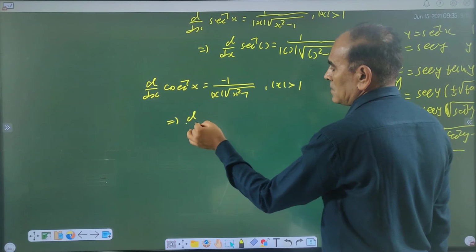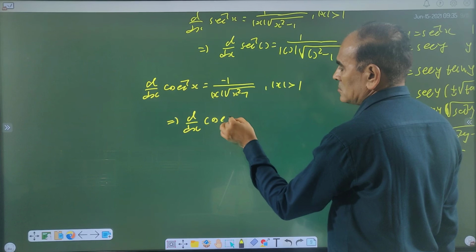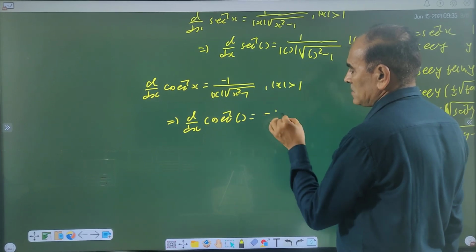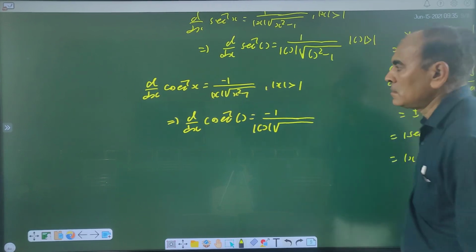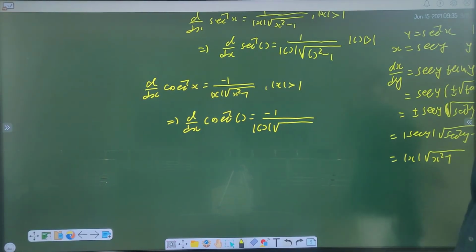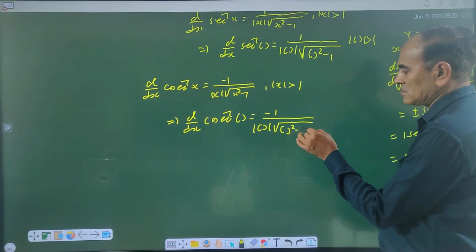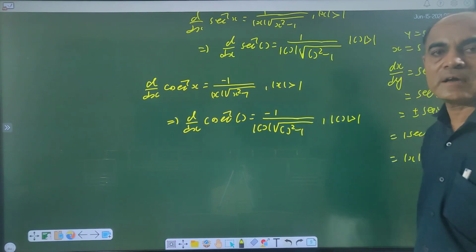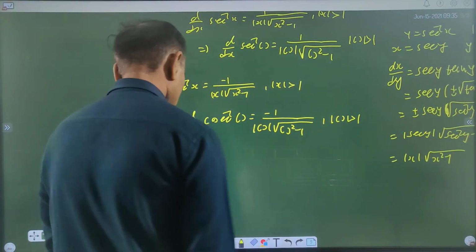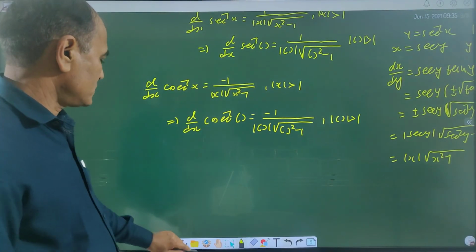So we are going to remember it: d by dx of cosec inverse of some function is minus 1 upon magnitude of the function under root, on the same line, function square minus 1, and magnitude of the function is greater than 1. So these are the inverse forms.